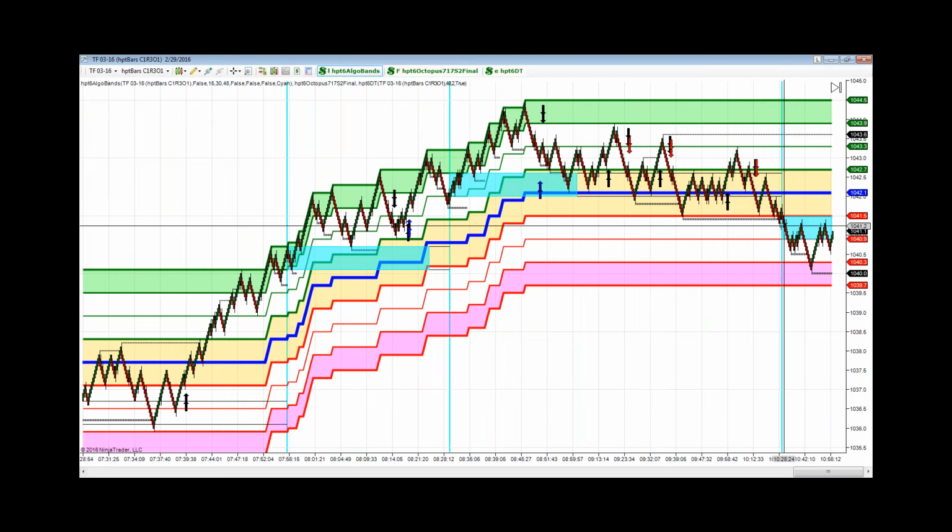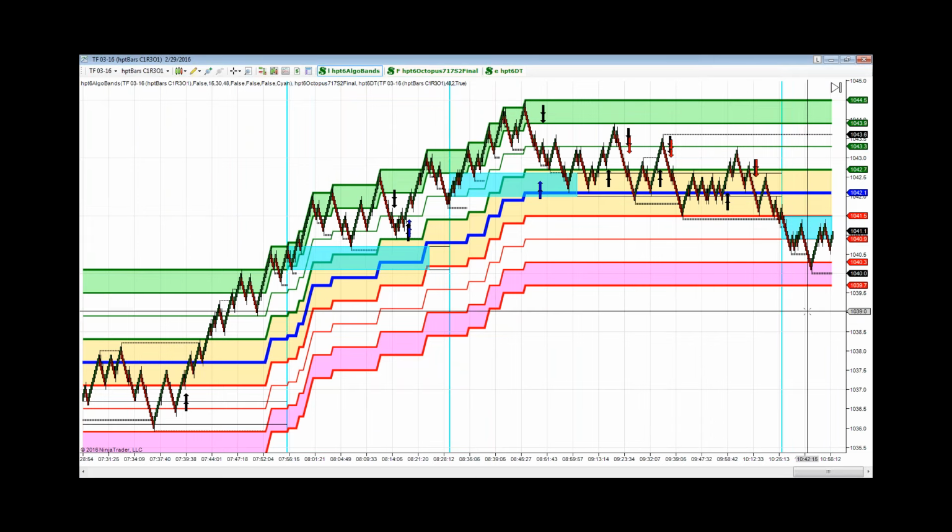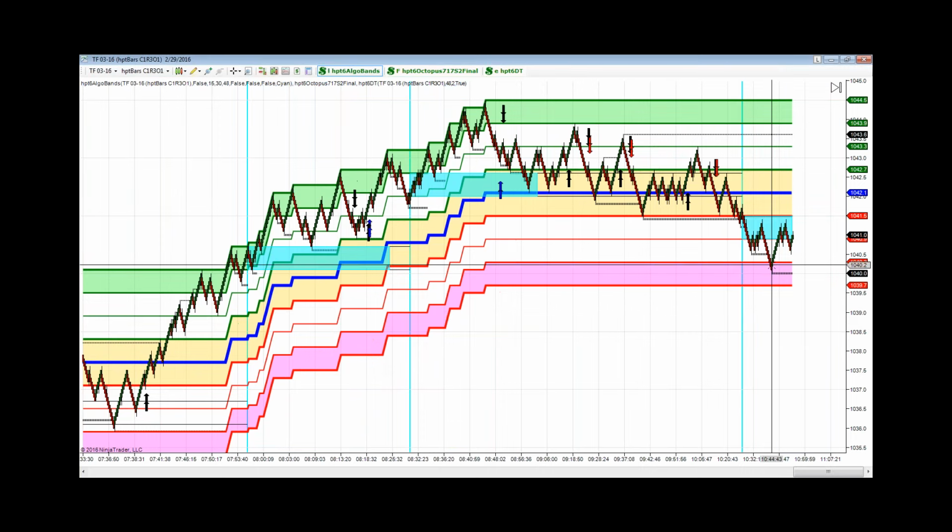This is as we speak now. This was a small entry here. Now this one did not produce enough profit, and then notice what happened as we dropped down through here. All right, the risk is too large at this point in time because we're more than one bandwidth away. So this trade entry is not a valid trade entry because the reward to risk doesn't meet the qualification. So there you have it.